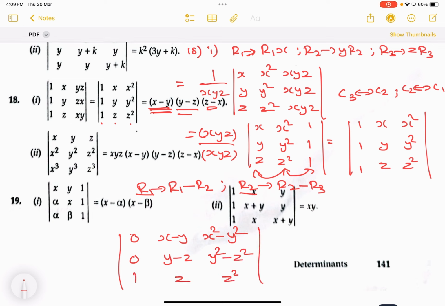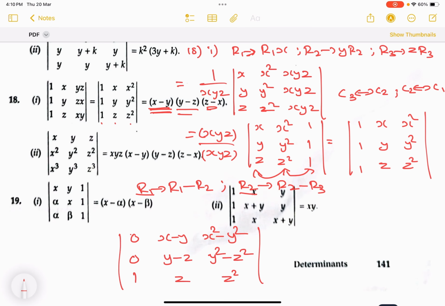Now take x minus y from row 1. Now you are taking x minus y from row 1 and y minus z from row 2. Understood? That means you are dividing by x minus y outside. That's the meaning of that. You are taking the common factor out.